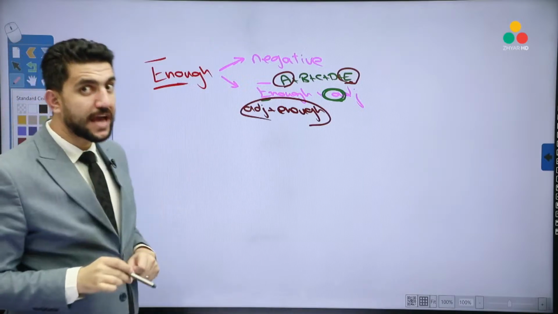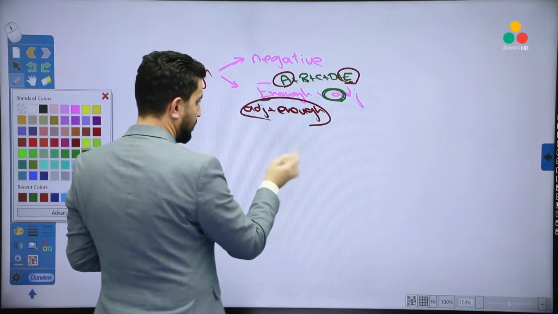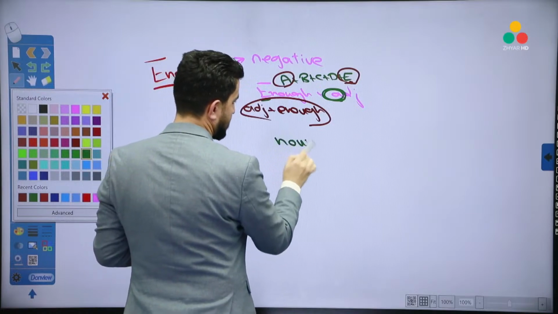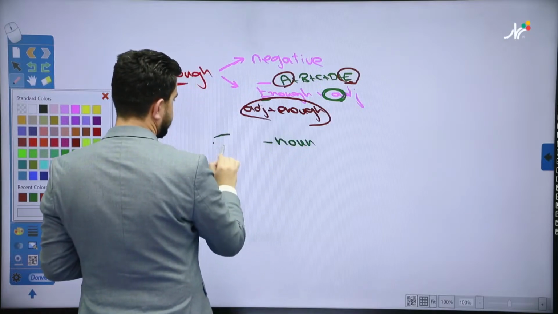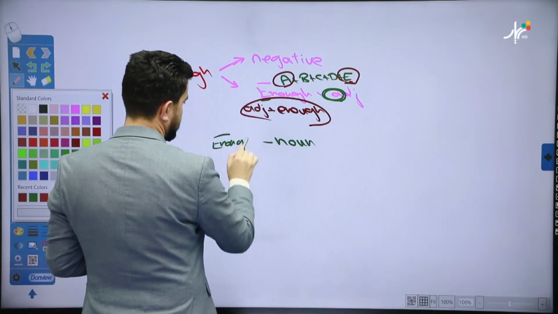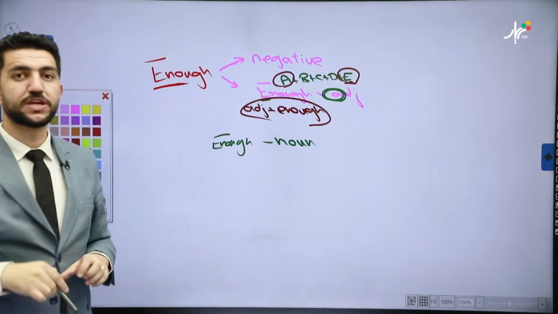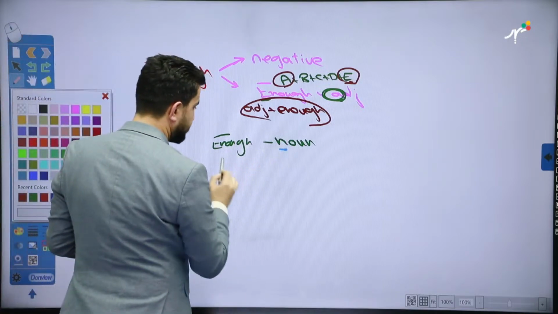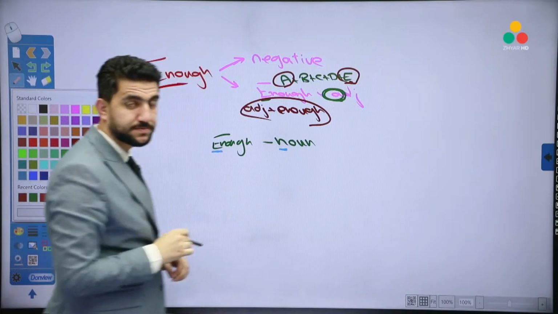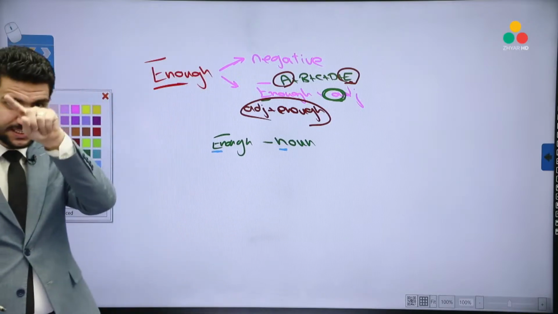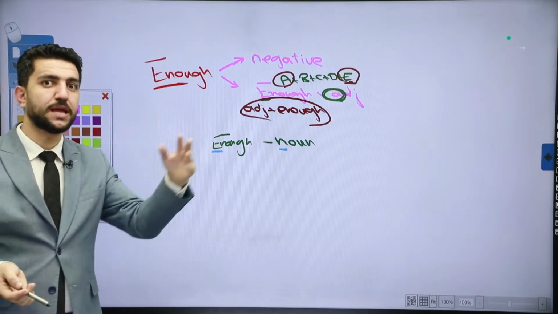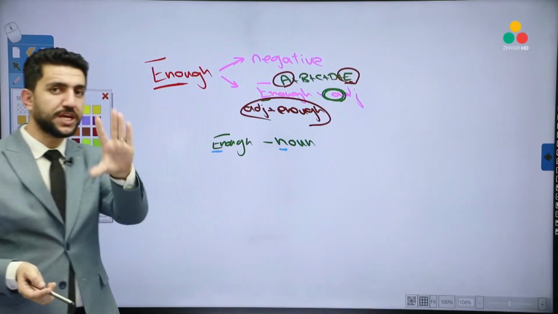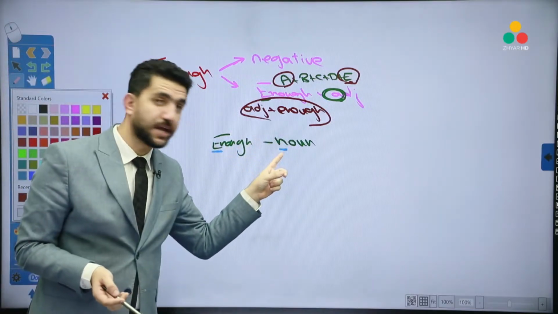The same rule for noun, let's use it. Noun, enough. Again, use alphabetical order. If we have noun, does this one come first in alphabetical order, or this one? E comes first. A, B, C, D, E. So E comes first, then N comes.